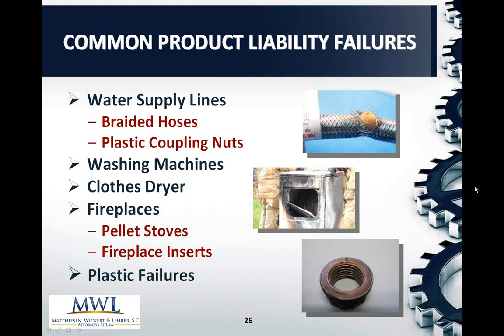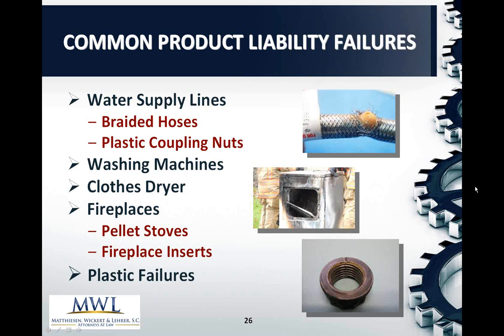Washing machines, there's a load of different ways that water inlets can fail. The drums can break. The base of it could break with just the jostling of the machine. So there are different ways that can fail as well.